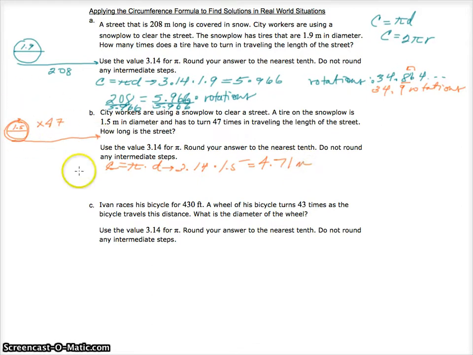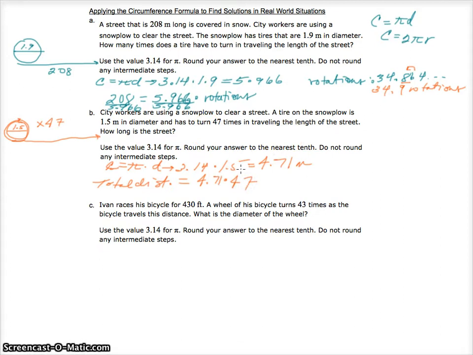So to find the total distance, I need to multiply my circumference by the rotations, which was 47.